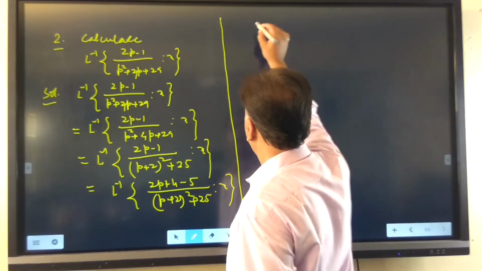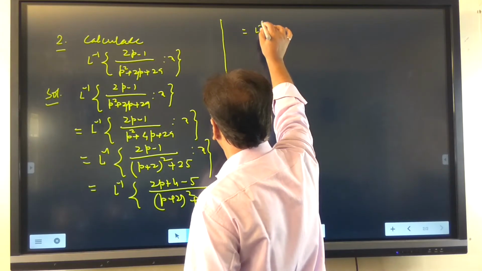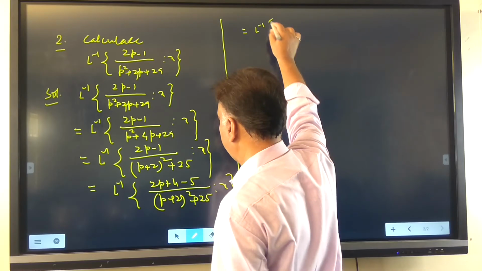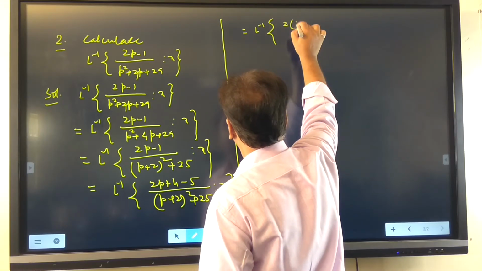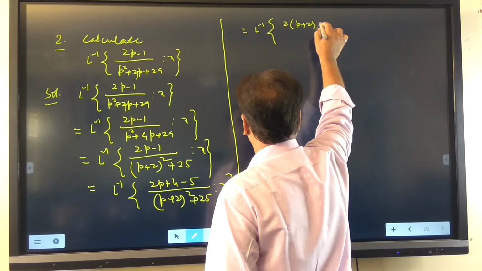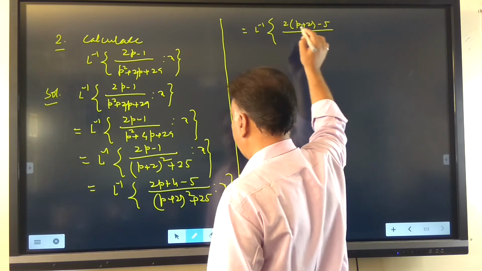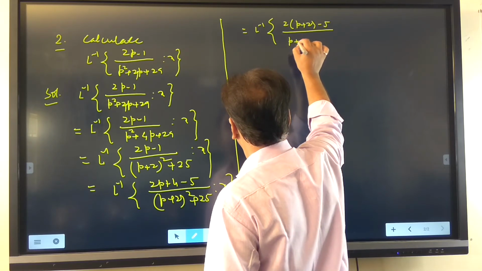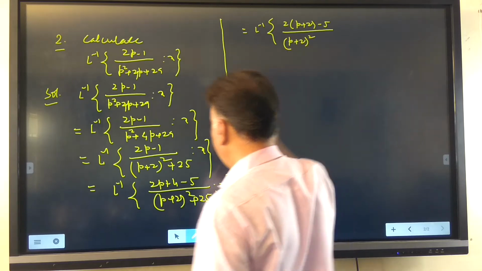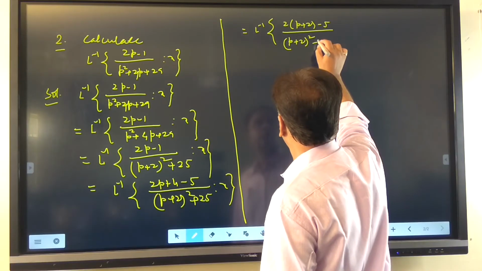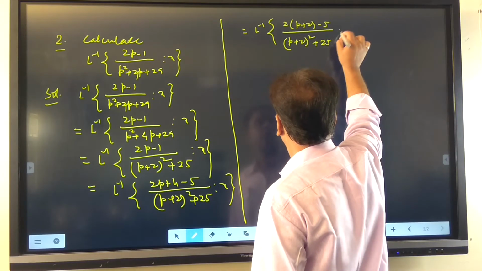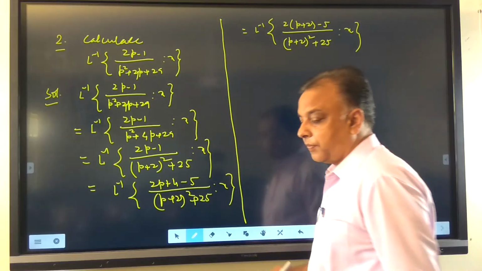Or we can write it as the inverse Laplace transformation of (2 into (p plus 2) minus 5) upon ((p plus 2) whole square plus 25) with respect to x.